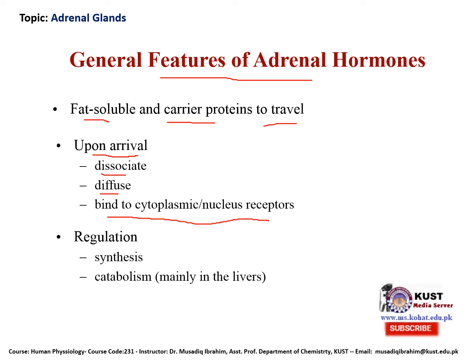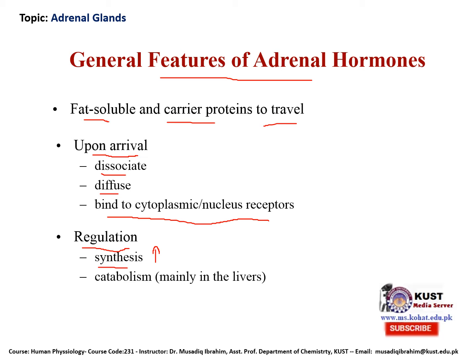Now, relating to the regulation of the adrenal hormones, that is, how they are being regulated. One of the mechanisms is synthesis: when the adrenal hormone secretion is low, then the synthesis of the adrenal hormones is increased to compensate for the deficiency.